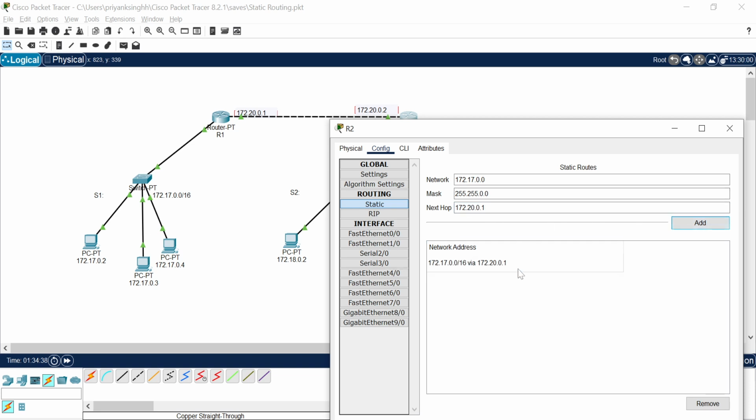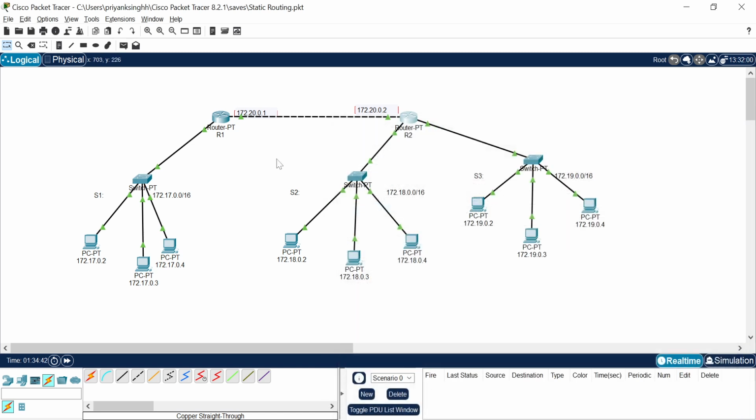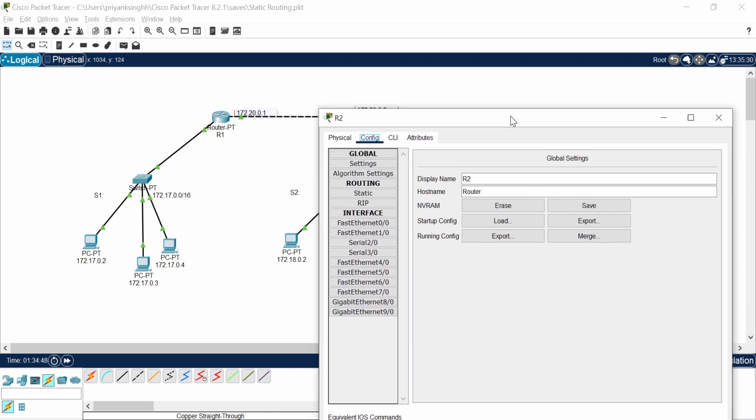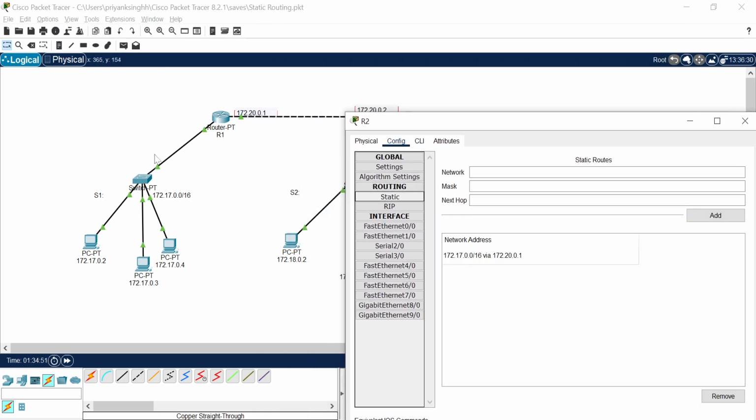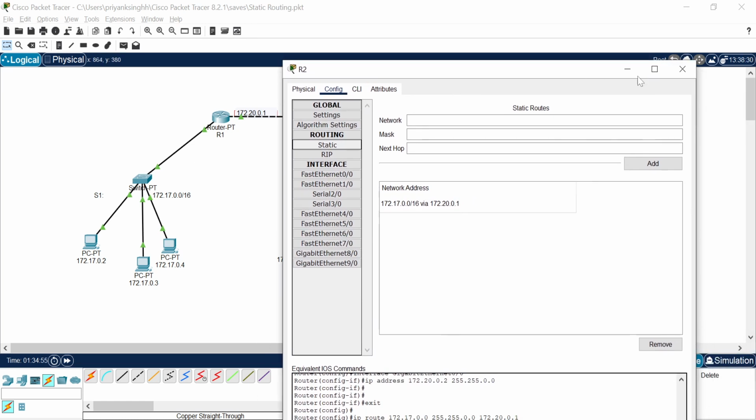This is the routing entry at R2, because only a single network belongs to R1 and two networks belong to R2. We have to enter only a single entry at R2. We do not have any other network at R1, so only one entry is sufficient.